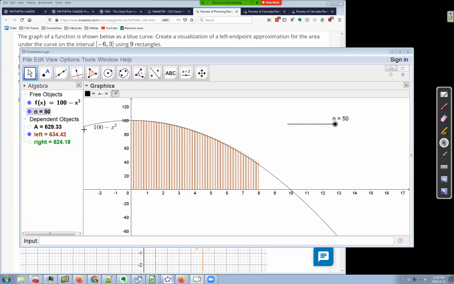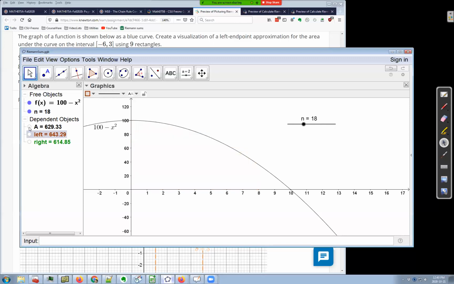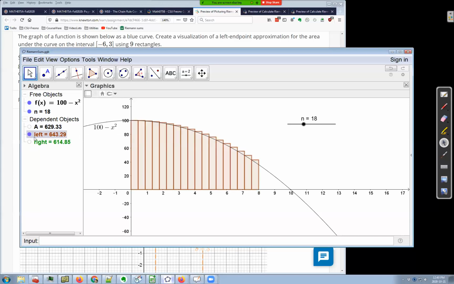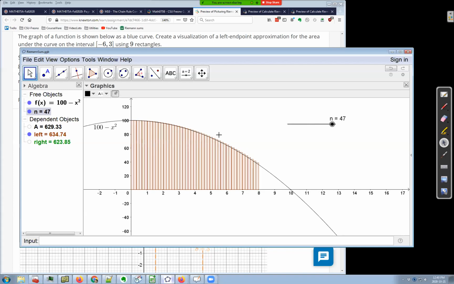Oh man, I love this. This is just so cool. Because remember where we started. When we started today, we were like, how am I going to find the area under this curve? That's crazy impossible. But now we have a plan, and the plan is just to use these rectangles.